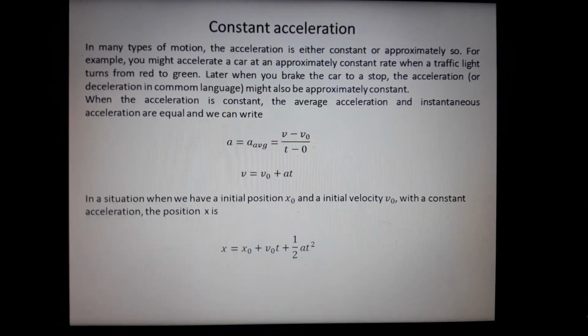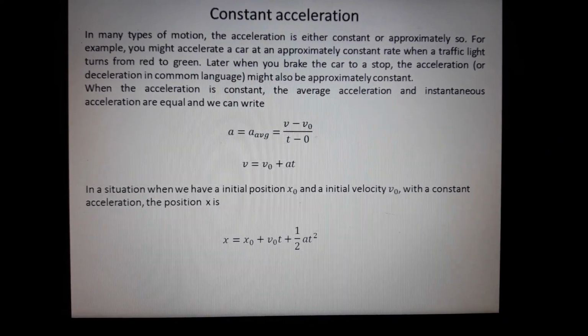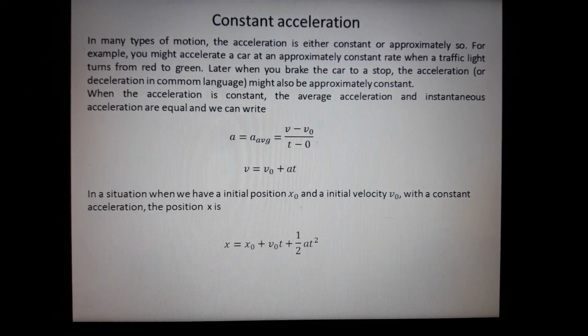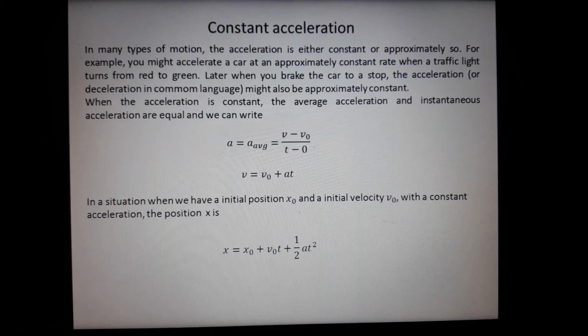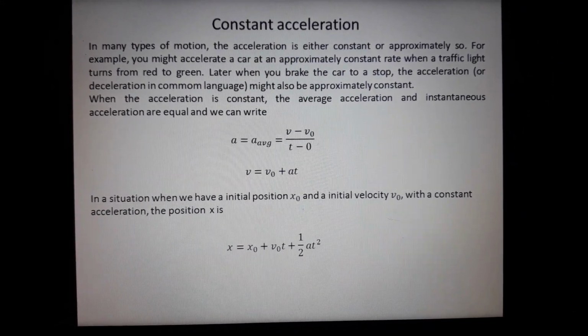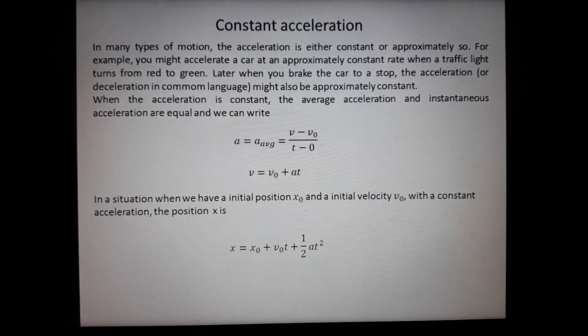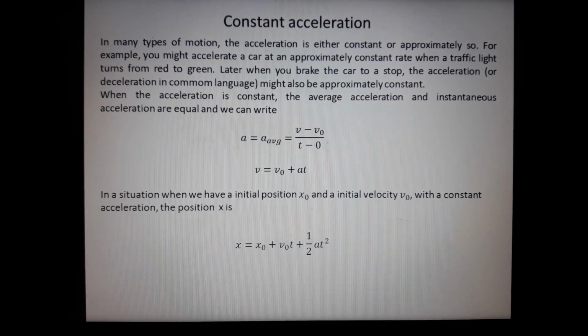To find the position in constant acceleration, we have this formula. In a situation where we have an initial position x0 and initial velocity v0 with a constant acceleration, the position x is given by this formula, with the time and initial velocity.